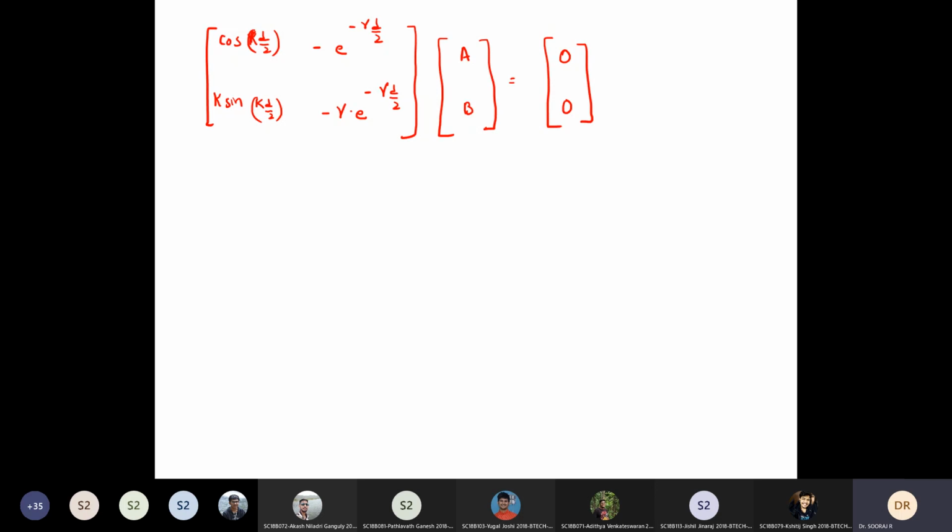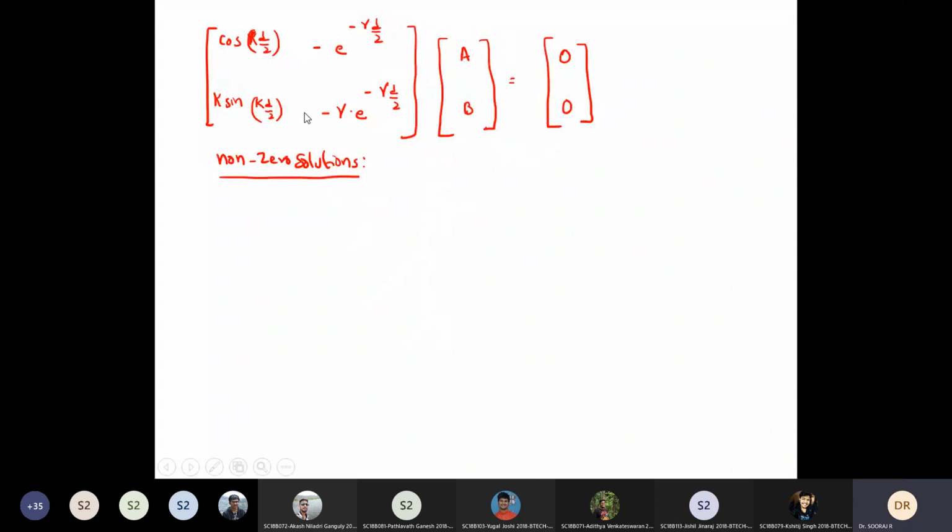So we are interested in looking at non-zero solutions. The condition so that this matrix can have a non-zero solution is that the determinant of this matrix should be 0.